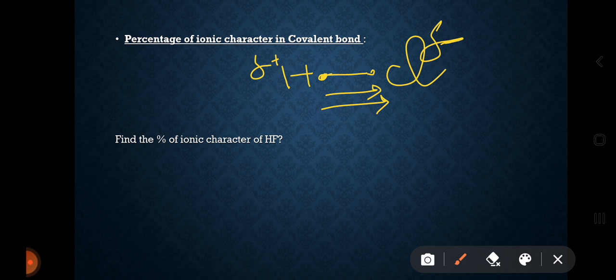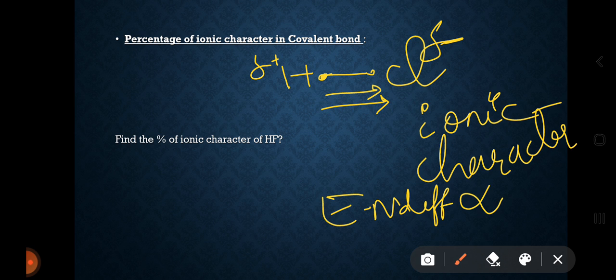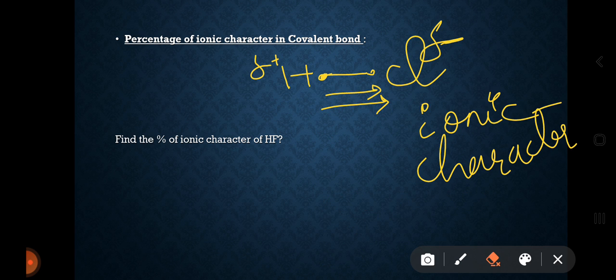When this polarity comes into existence, we can tell that it has some ionic character. So electronegativity difference is directly proportional to ionic character. That is, as electronegativity difference increases, ionic character also increases.